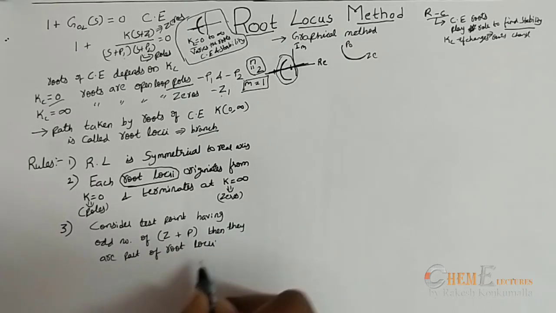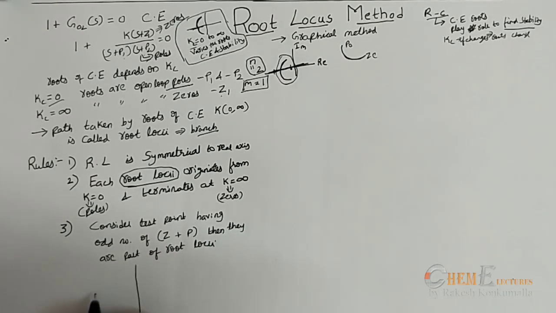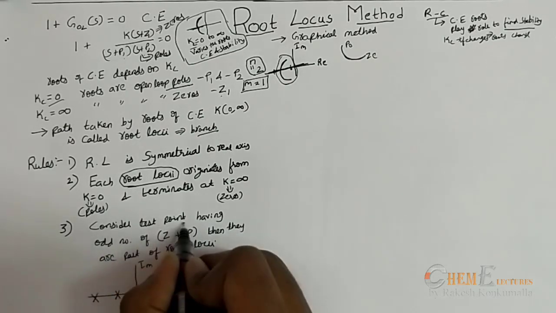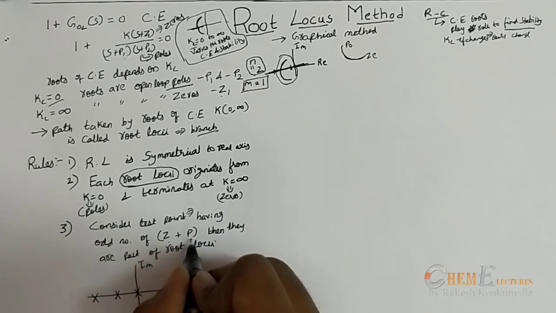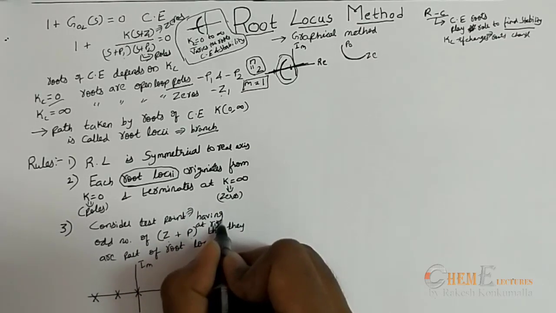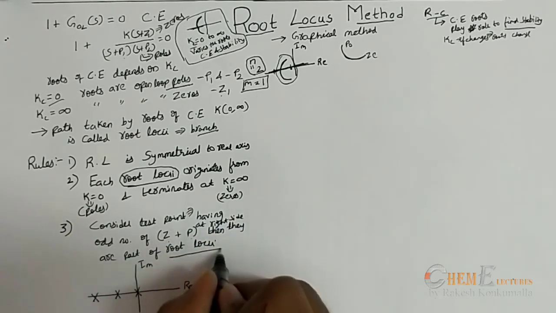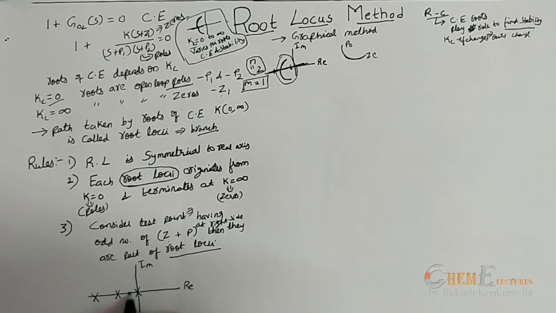If you want a clear understanding of this, let me take a real axis and an imaginary axis, and let me take 1, 2, 3, these are my poles. Consider a test point having an odd number of zeros and poles on the right side, then it is part of the root loci. Now if I take a test point here, towards the right side you can find only one pole, which is an odd number.